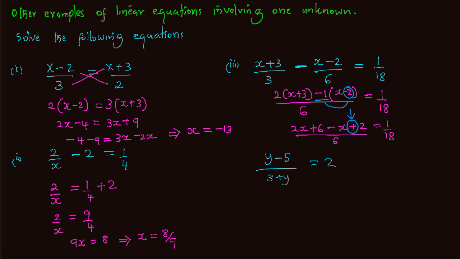So when we collect the like terms, we get that 2x minus x is x, plus 6 plus 2 is plus 8 over 6 is equal to 1 over 18.